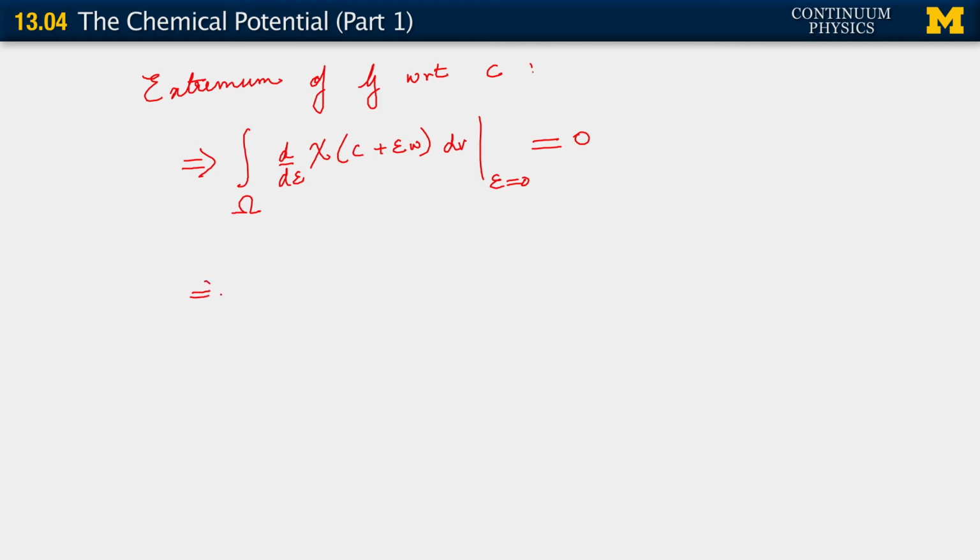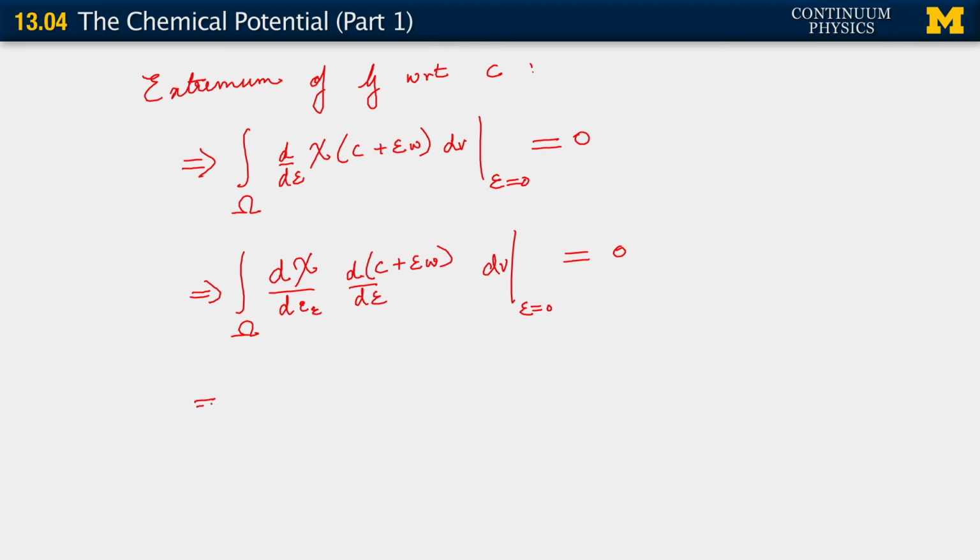Using the chain rule, this works out to the derivative of chi with respect to C epsilon, times the derivative of C plus epsilon w, which is of course just the derivative of C epsilon with respect to epsilon, dV. Take that derivative, set epsilon equals 0. The extremum condition requires that the calculation on the left hand side should vanish.